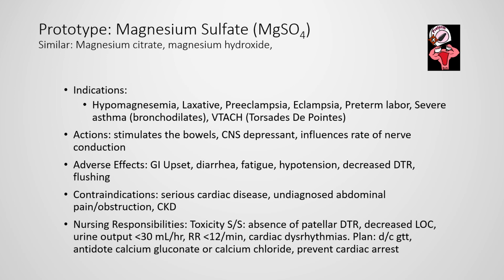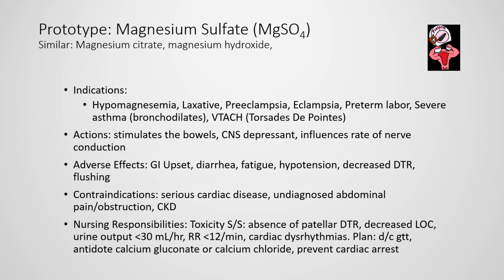Elevated magnesium, low calcium. So with chronic kidney disease, you don't excrete magnesium very well. And you can become magnesium toxic. So that's why we wouldn't use milk of magnesia as a laxative for someone with chronic kidney disease. We'd use a calcium-based laxative or a calcium-based antacid as opposed to a magnesium-based.